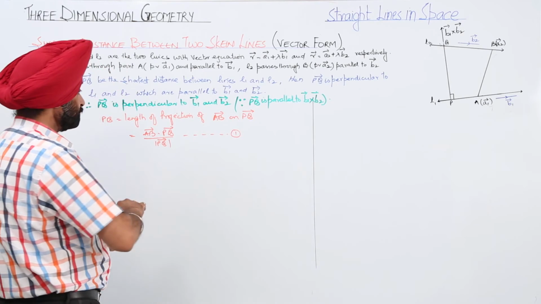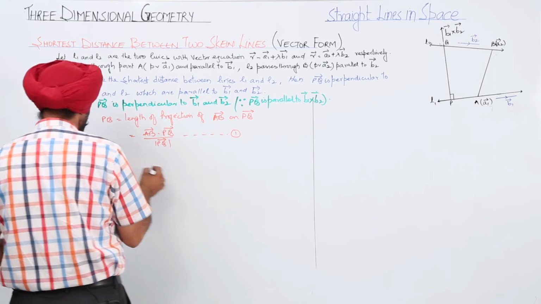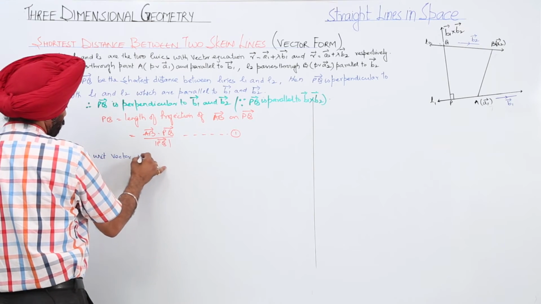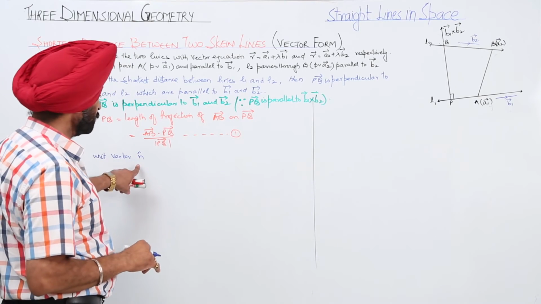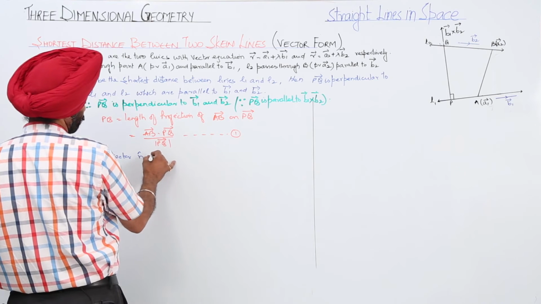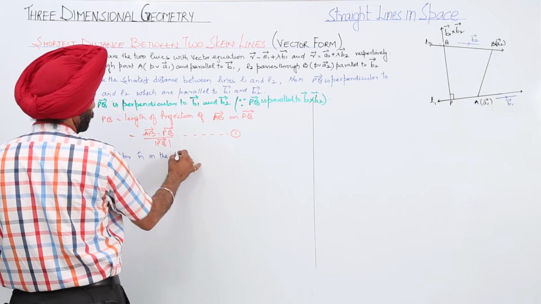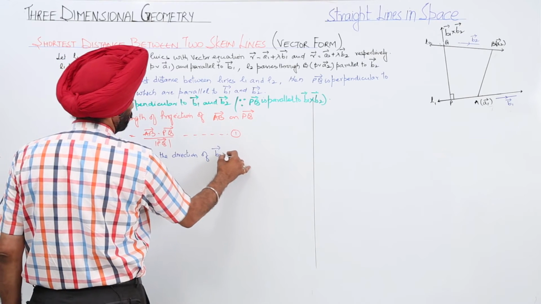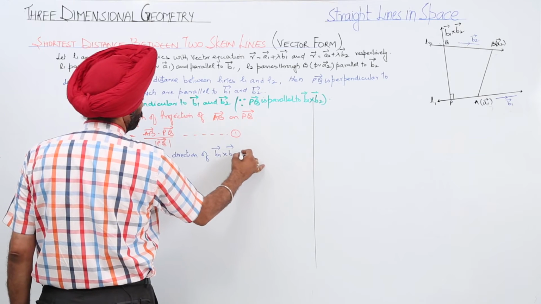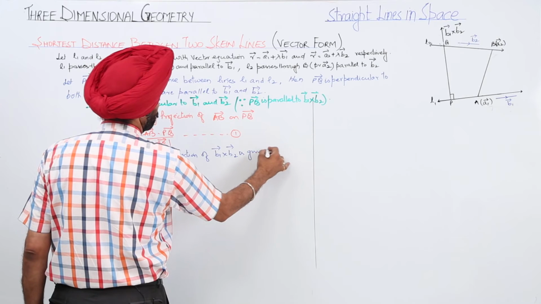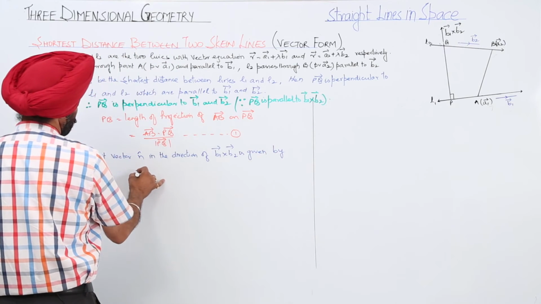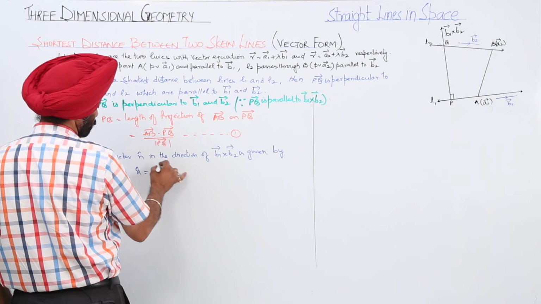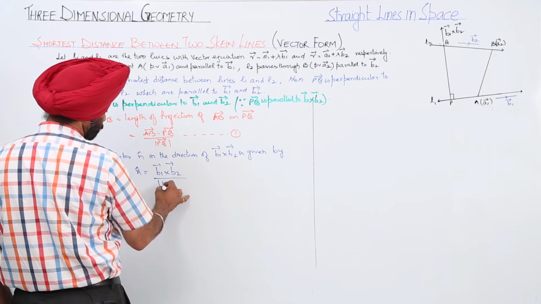Now, unit vector n cap in the direction of vector b1 cross vector b2 is given by unit vector n cap is equal to b1 cross b2 upon magnitude of b1 cross b2.